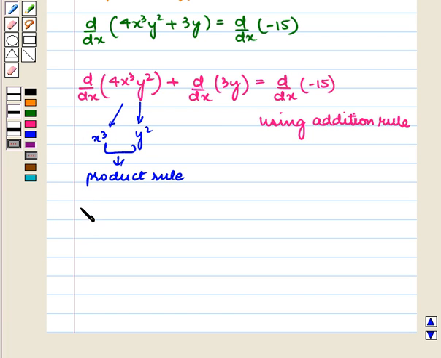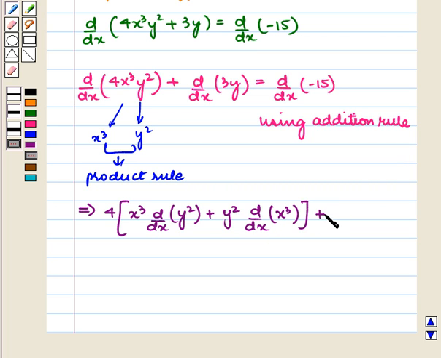So we get 4 into x cube d by dx of y square plus y square d by dx of x cube plus 3 into d by dx of y is equal to d by dx of minus 15.